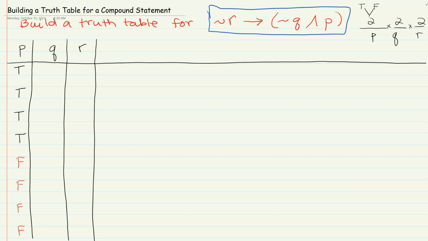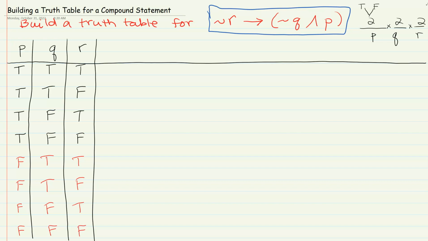Then I list my normal 4 choices for Q and R. If I have just Q and R, I would have 4 choices: true, true, true, false, false, true, and false, false. And what am I going to do with the other 4? Repeat: true, true, true, false, false, true, and false, false. So there are my 8 possibilities.